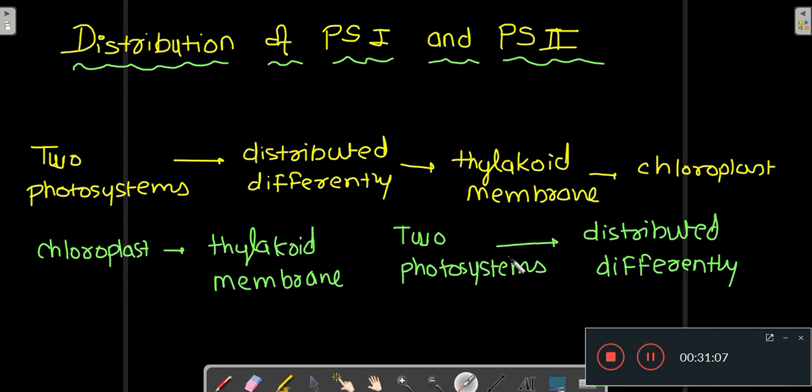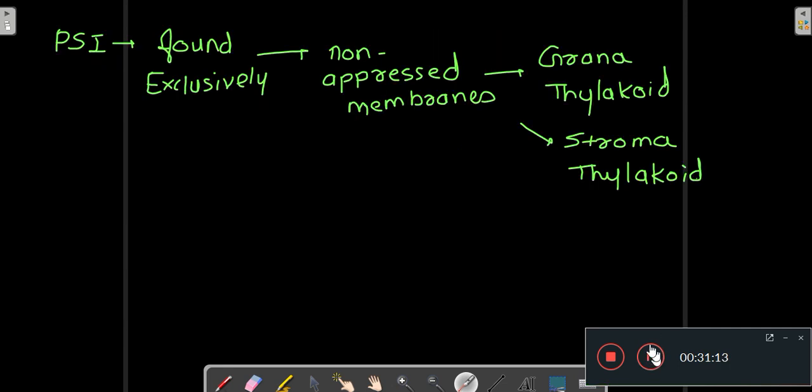Now PS1 is found exclusively in the non-appressed membranes of the grana thylakoid and stroma thylakoid.